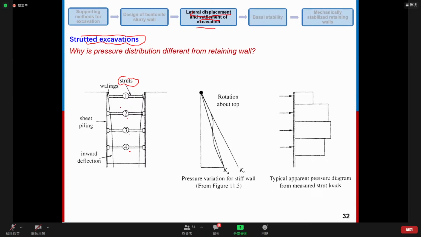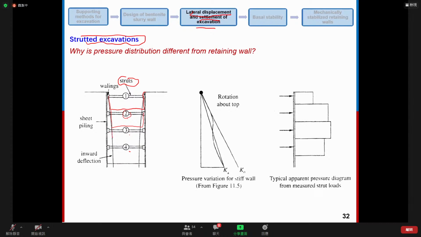The construction sequence is that we do the excavation for the first layer of soil, and then we install the first layer of struts. And then we do the excavation for the second layer, and then we install the second layer of struts.